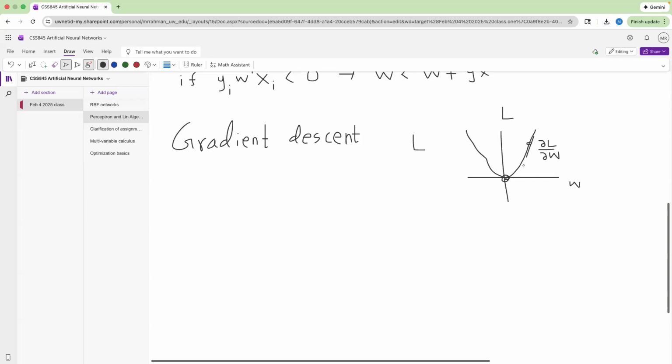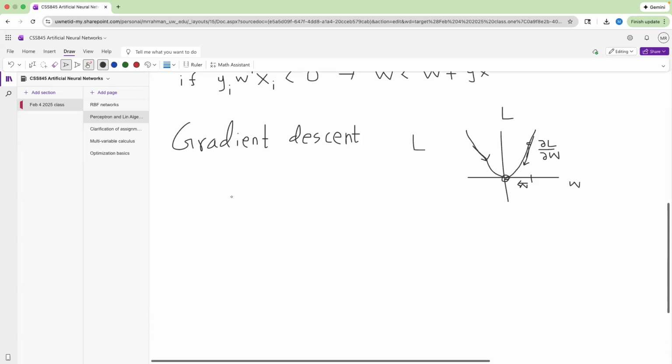So we move W in this direction, or if we had started here, we would move in this direction. As we take these steps, we eventually come close to a point where our loss is very low. And a low loss means that we have a good learning algorithm, right?